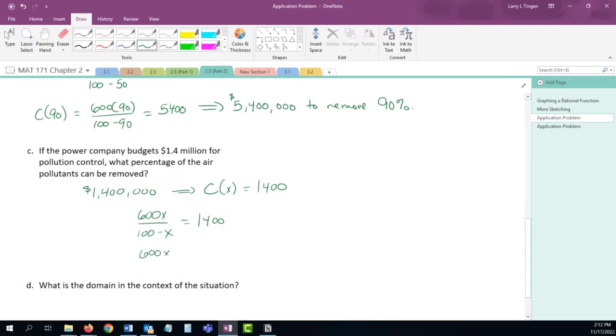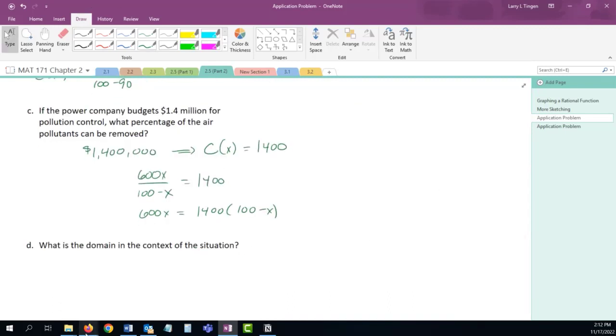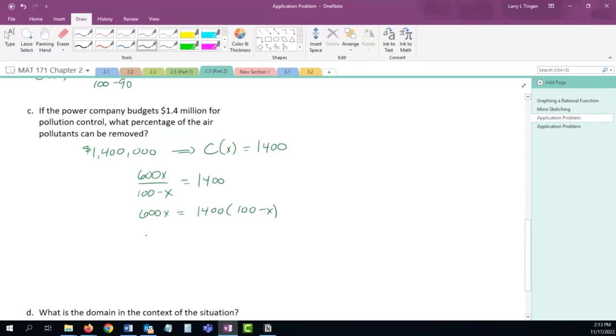I'm going to end up with 600X times 1 is equal to 1,400 times 100 minus X. Distribute on the right. 1,400 times 100 is 140,000. 1,400 times negative x is negative 1,400x.